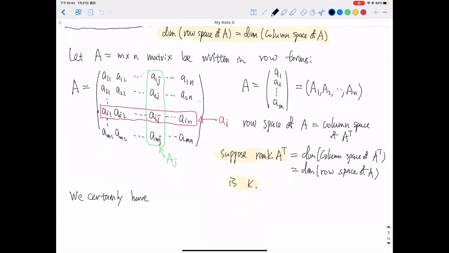And we certainly have the row space of A is by definition the span of these rows A1 through AM, right?